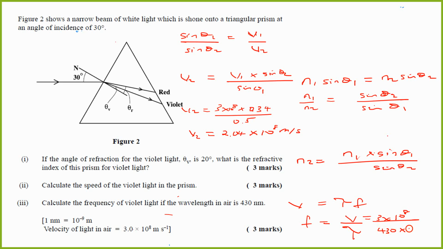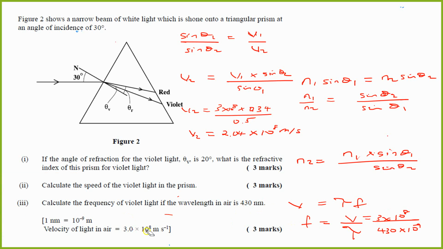We have to change the nanometers: we have to put in the 10 to the -9, because if we don't do that, it's going to affect the answer. That's why they showed you that 1 nanometer is equal to 10 to the -9. If you forget about the nano, it's going to affect the answer.